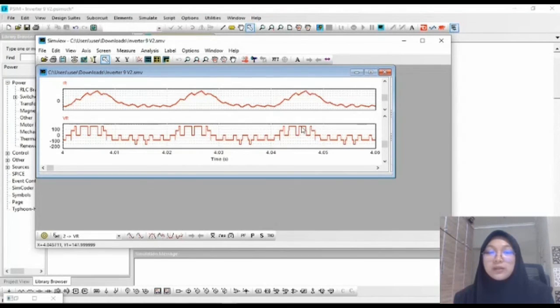As shown here, the output current is similar to the output voltage of the red phase, but different in amplitude and wave shape. Since the current flows through 30 ohms and 50 millihenry, we just get this output current waveform like this.